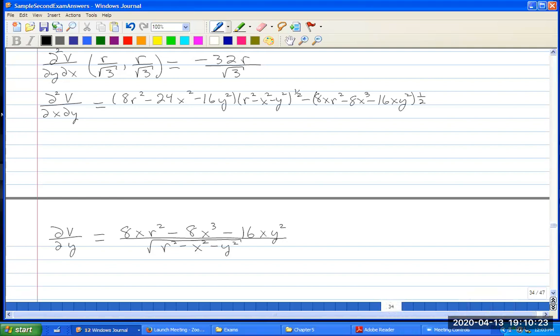Then we bring down the exponent, rewrite the denominator, the power 1 less times the derivative of what's inside, all divided by the denominator squared.